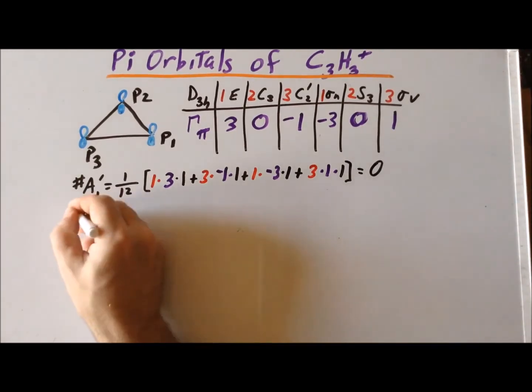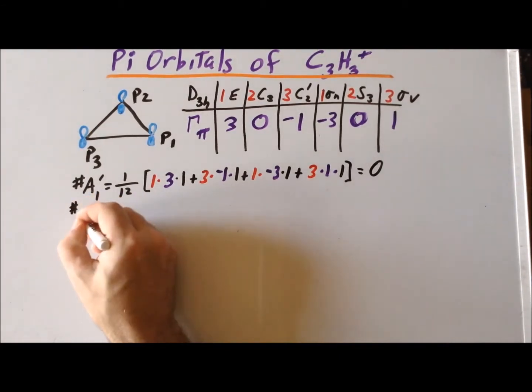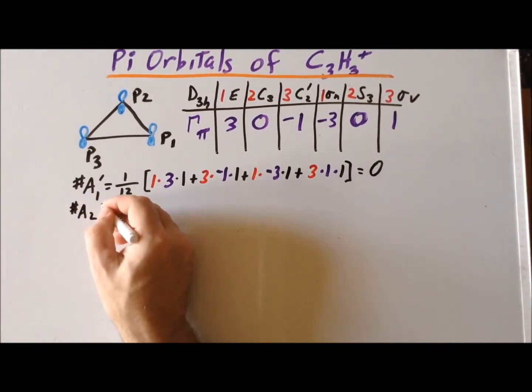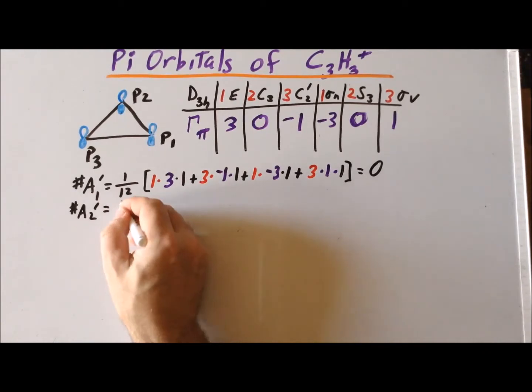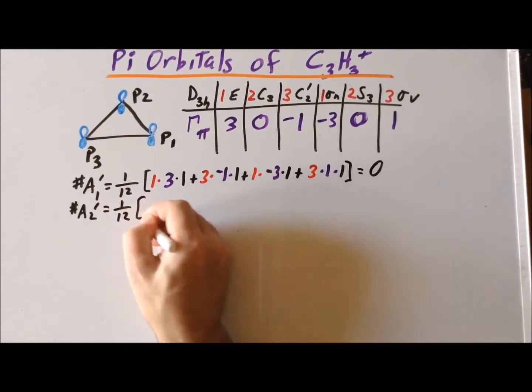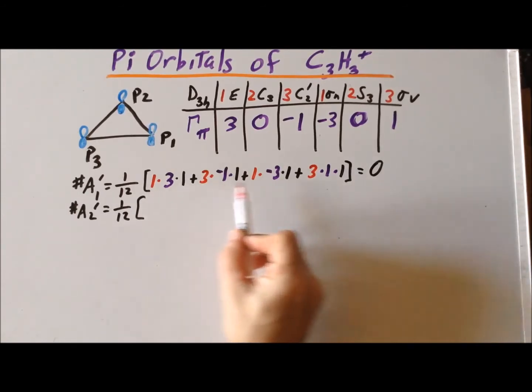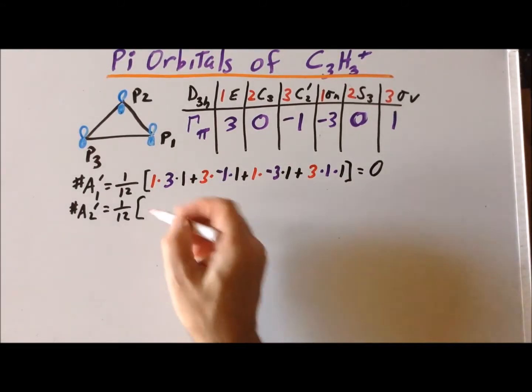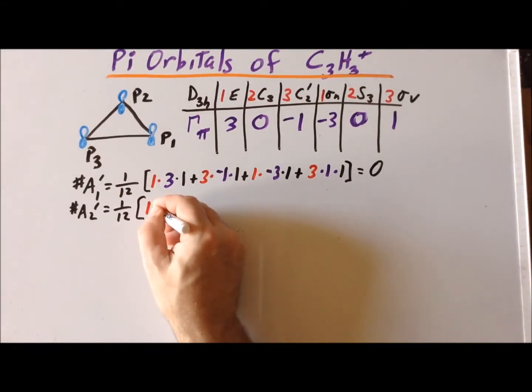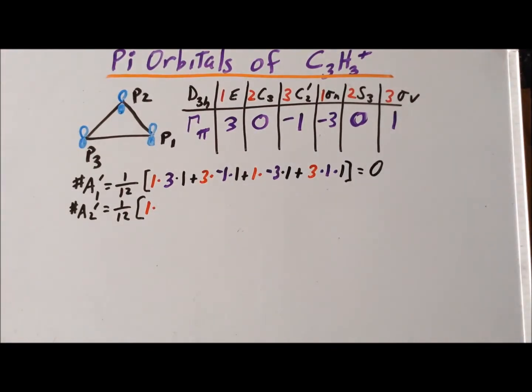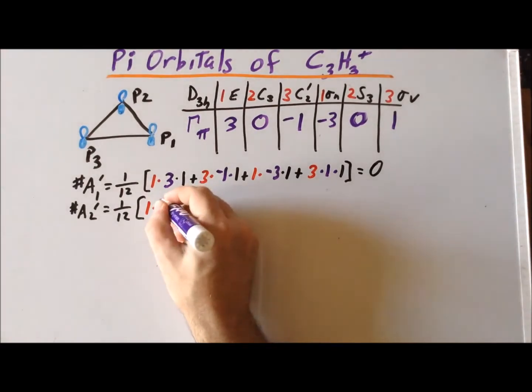The next representation we want to examine is A2'. So again, we have our 1/12. And we notice that the first 2 factors in each of these terms will be identical for every single irreducible representation. So 1 times 3.